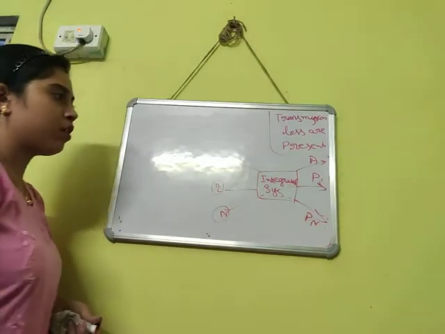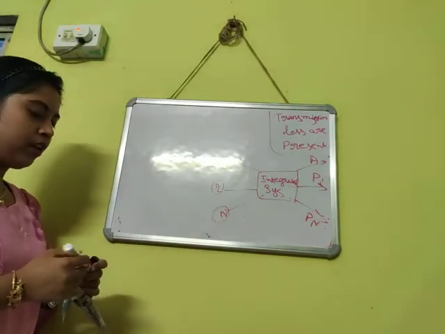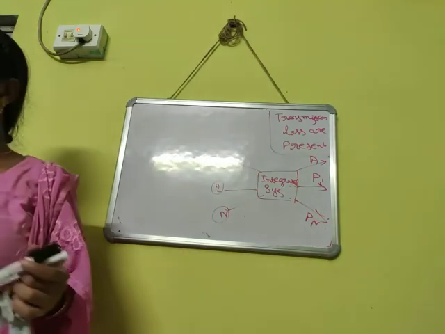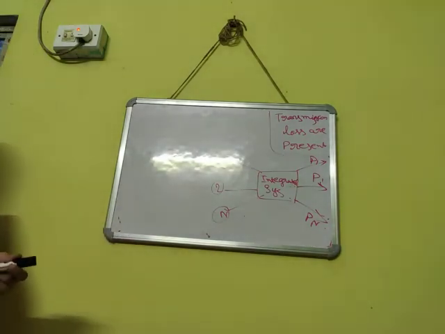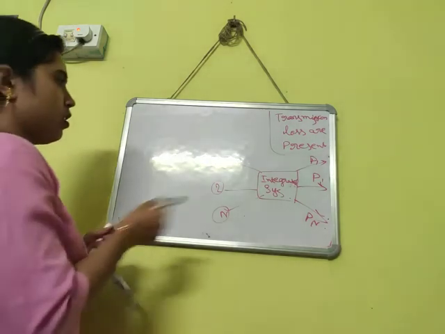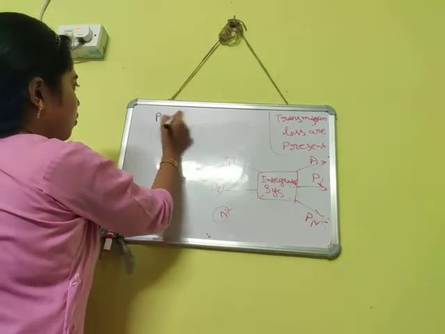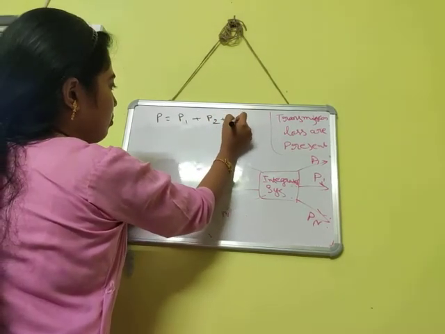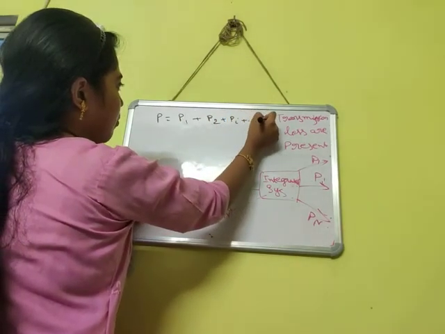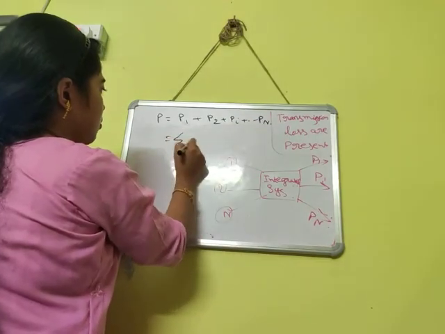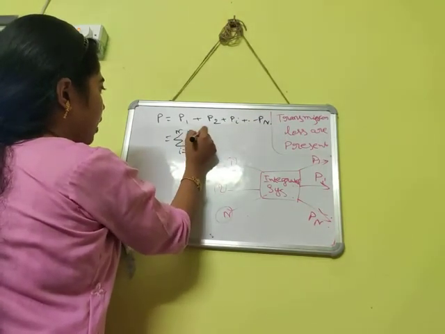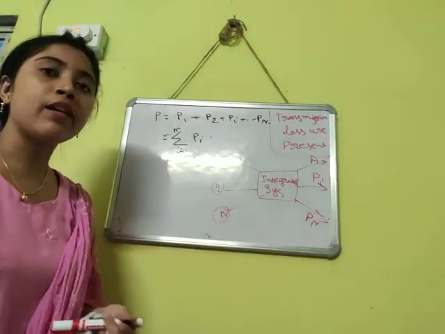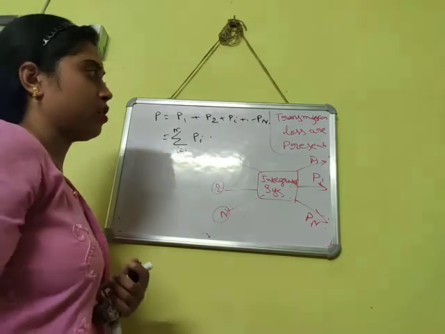Same thing for that one, only the power term is here, P equals same thing like previous one, P1 up to Pn, that means it is equal to summation of i equals 1 to n Pi, but the constant term will be different in that case.